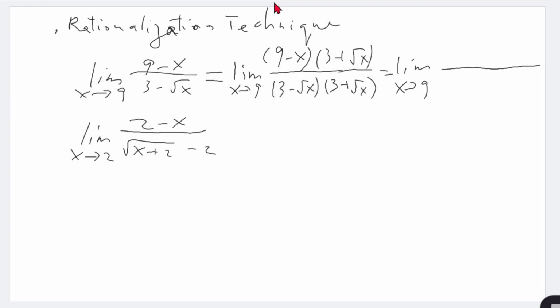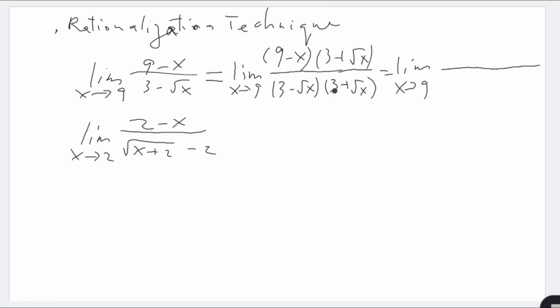The conjugate part, we actually multiply it out, right? So the bottom is the part we try to rationalize. The original 3 minus square root of x is the part we are trying to rationalize, so we multiply it out.